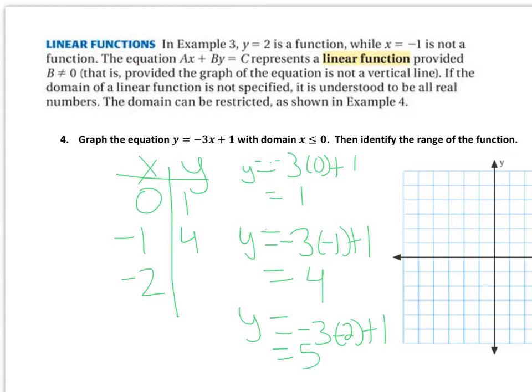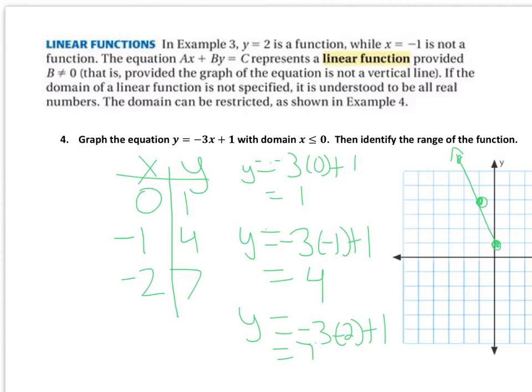No, negative 3 times negative 2 is 6 plus 1 is 7. So now I have the points. 0, 1. Negative 1, 4. Negative 2, 7.